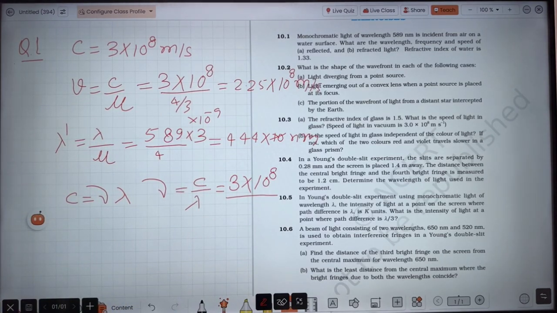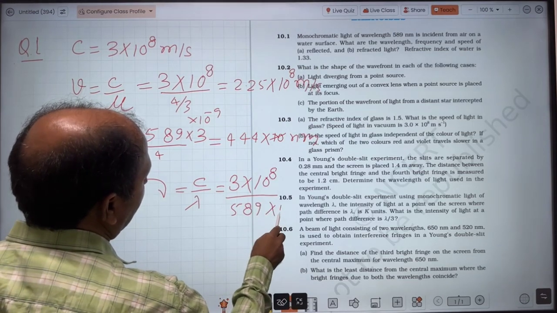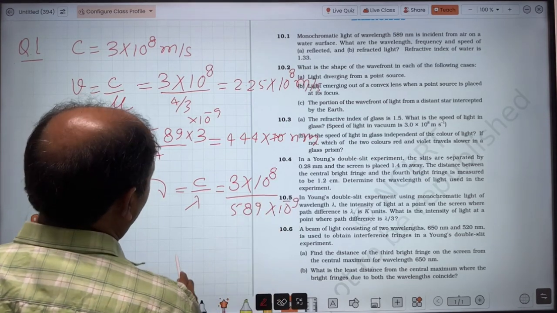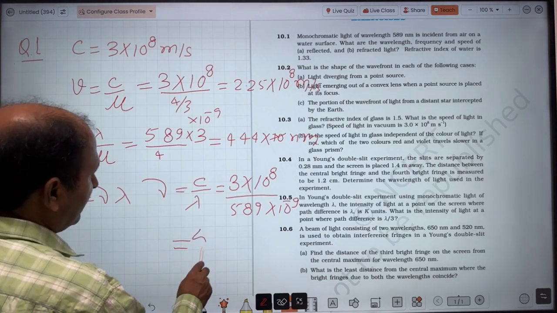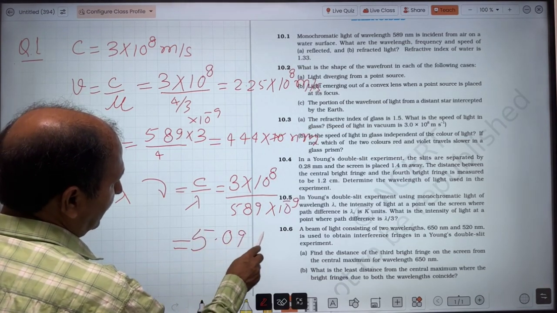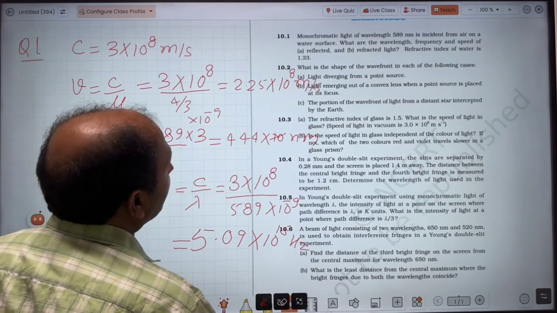Lambda is given in our question as 589 into 10 to the power minus 9. So we can simplify it. So what will it become? It will become 5.09 into 10 to the power 15 hertz.